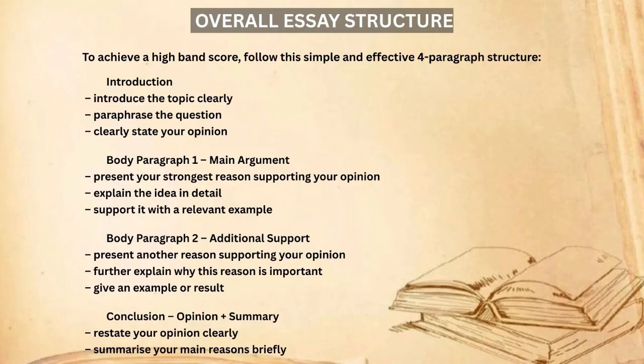Third is body paragraph 2, additional support. Present another reason, explain why it is important and give an example or result. Finally, conclusion, opinion plus summary. Restate your opinion clearly, summarize your main reason briefly. If you follow this structure, you are already close to band 7.